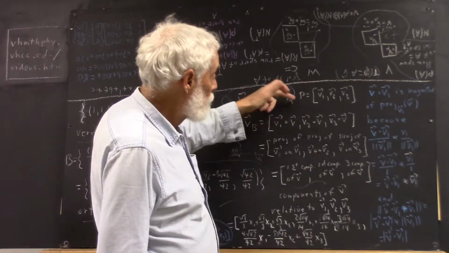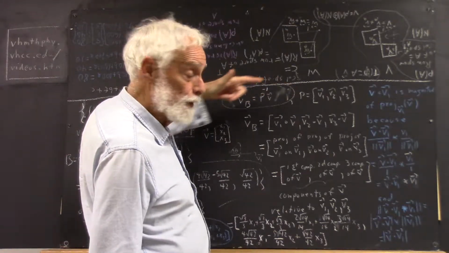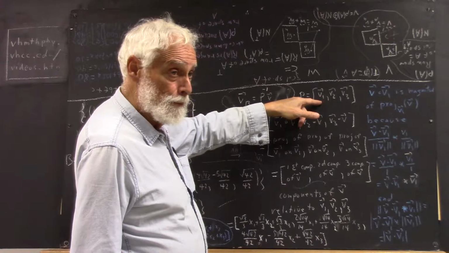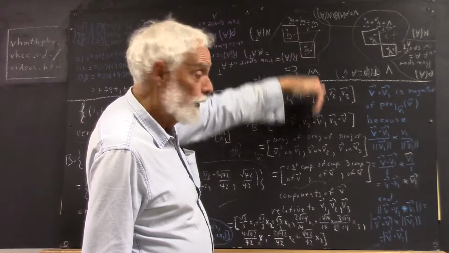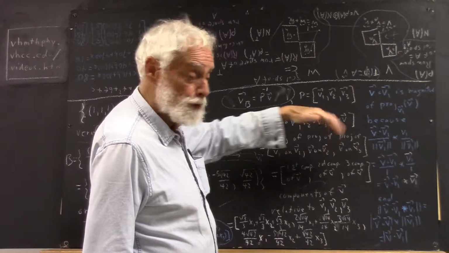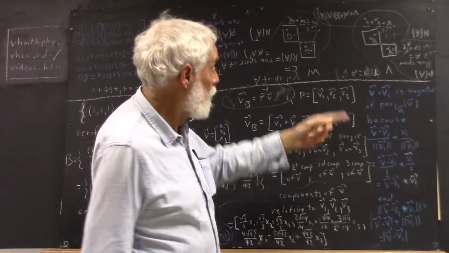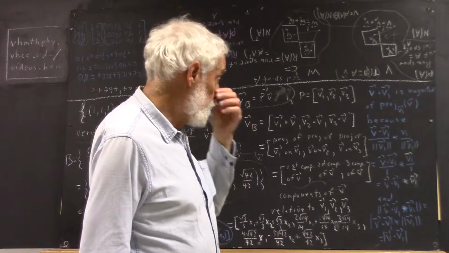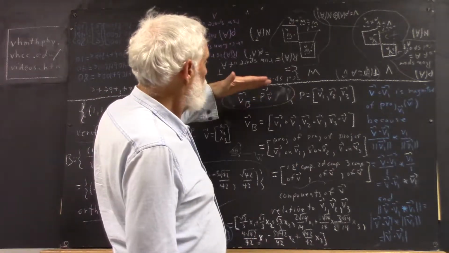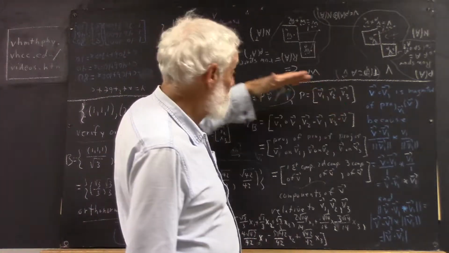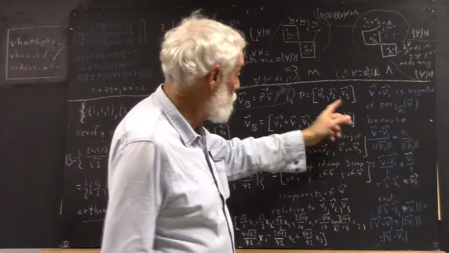If you multiply the transpose then times the matrix, your first row will be the row consisting of the components of V1, and V1 over here will be the column. You'll be multiplying the V1 row by the V1 column. That is, you're going to be doing the dot product of V1 with V1, and you're going to get 1 since V1 is a unit vector. Then if you do the first row times the second column, you're dotting V1 with V2, and that's going to be 0 because these are orthogonal.